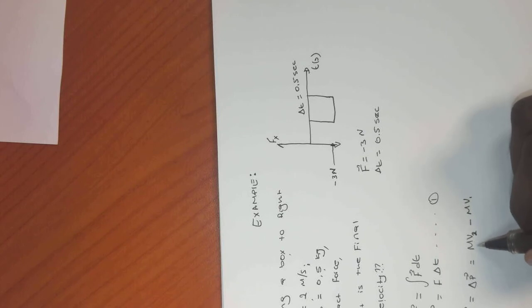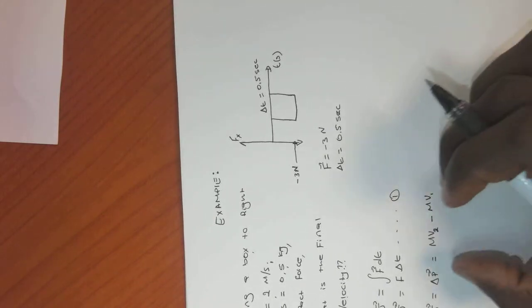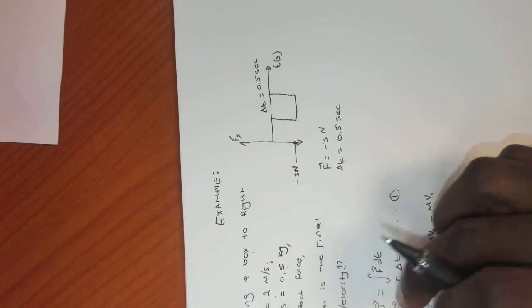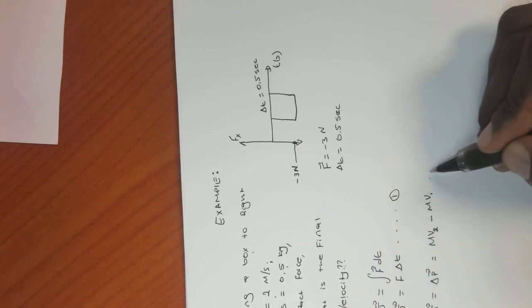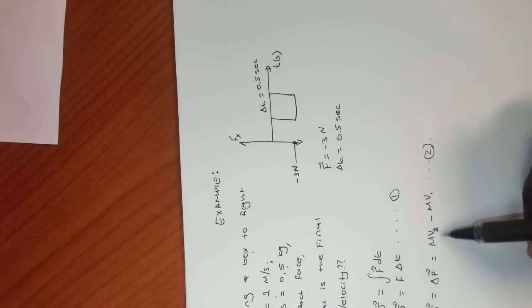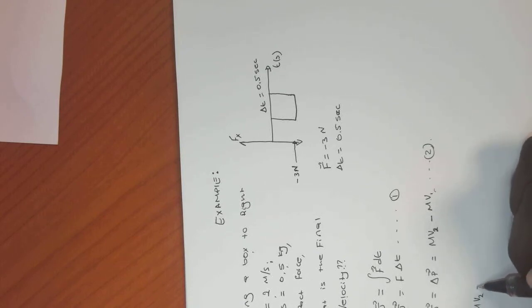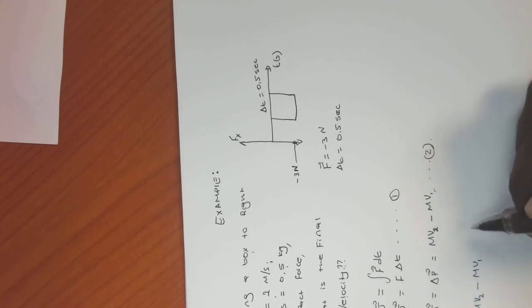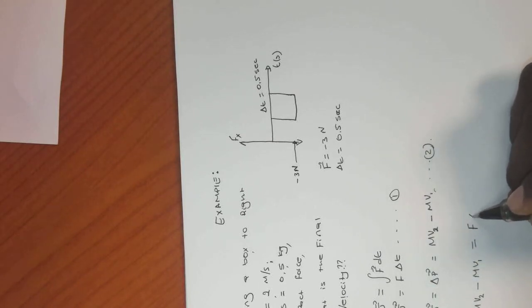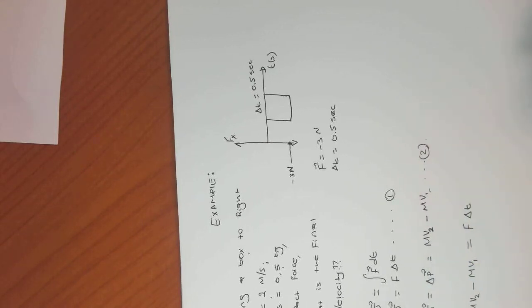So the mass is the same for both. It doesn't change the mass. So you can substitute this into this equation, this being your equation 2. So you can substitute this here. So you have mv2 minus mv1, which is equal to F change in t.